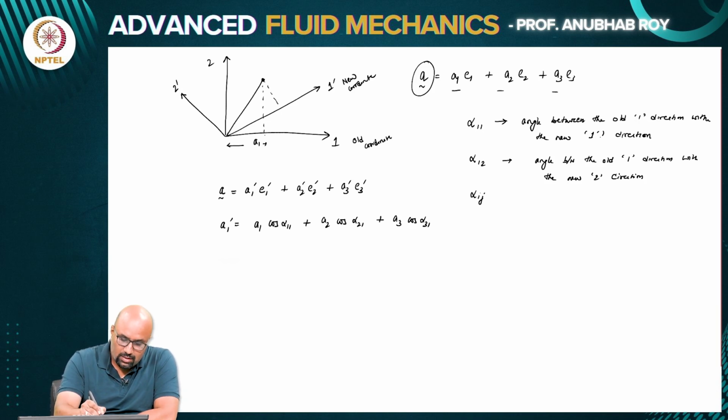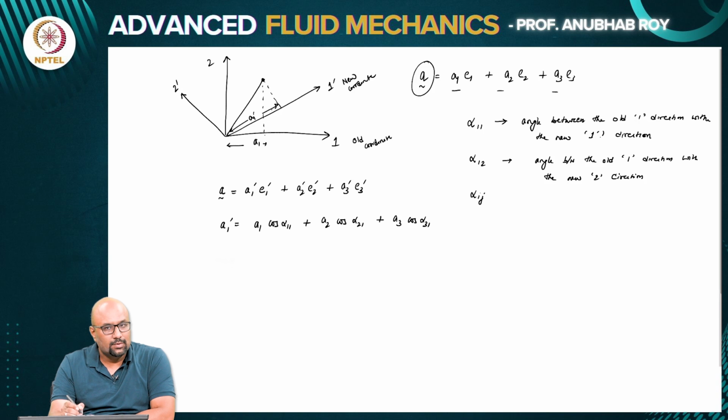Now, this is your a1 prime. You are representing the same vector in a new coordinate system. So, the component that you have along the new coordinate system will obviously be different from the previous component that was there along the previous one coordinate system, and it will involve a combination just by virtue of this coordinate transformation.